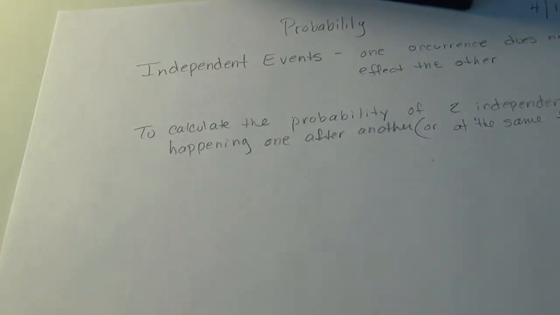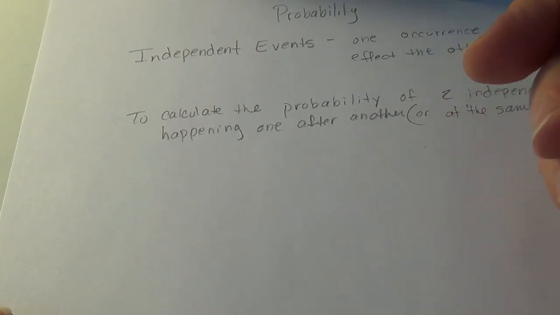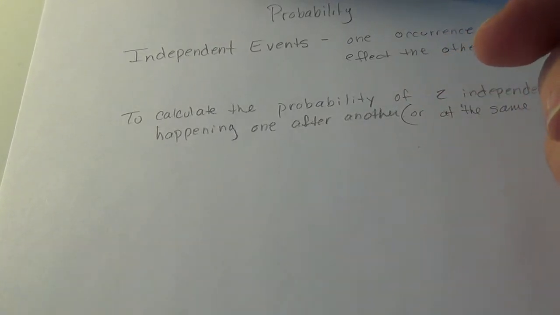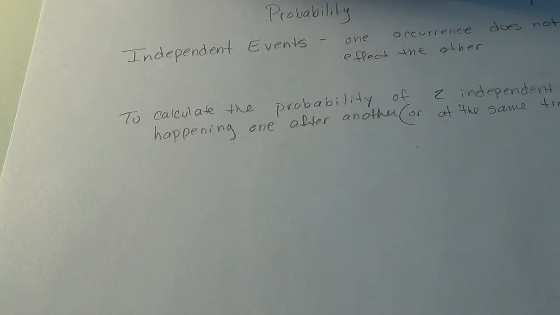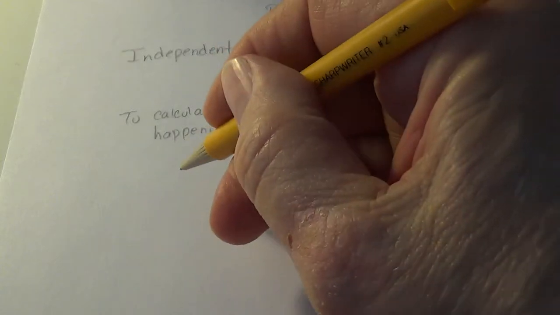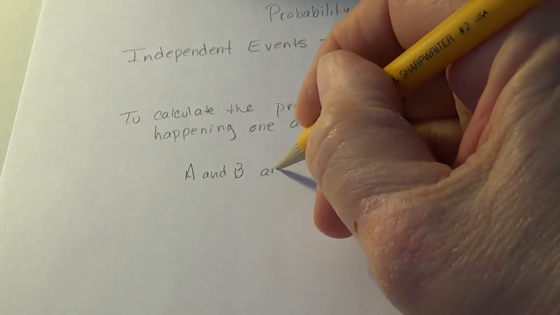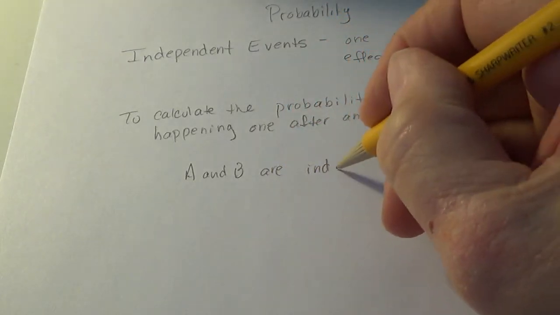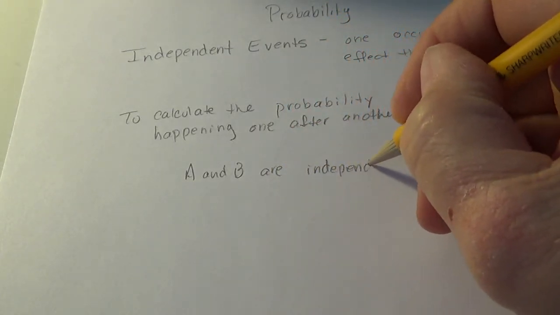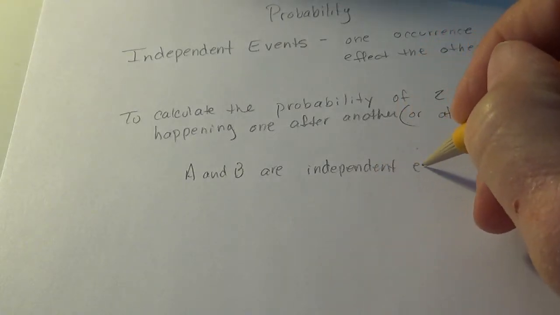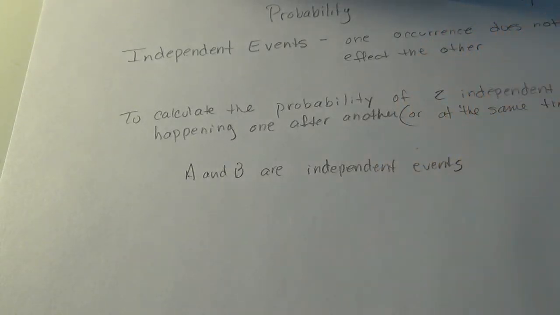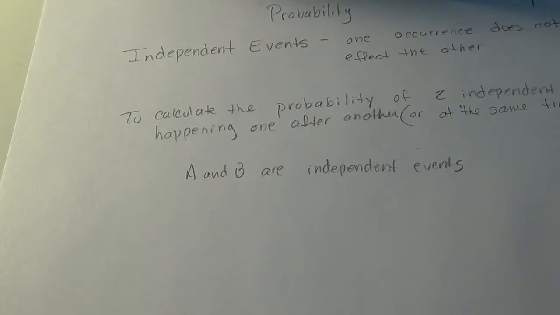Let me give you examples so you can see what I mean. Let's say that we have two independent events happening, A and B. One is not affected by the other, so the outcomes are independent.